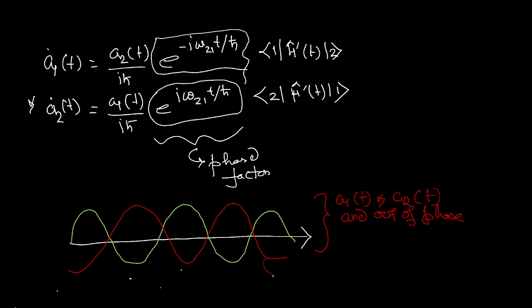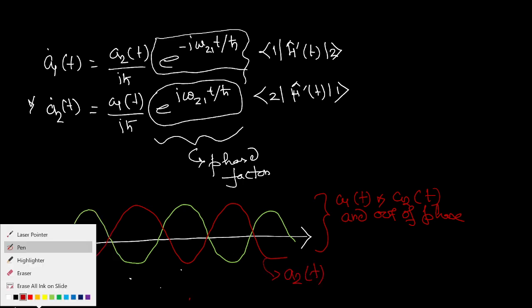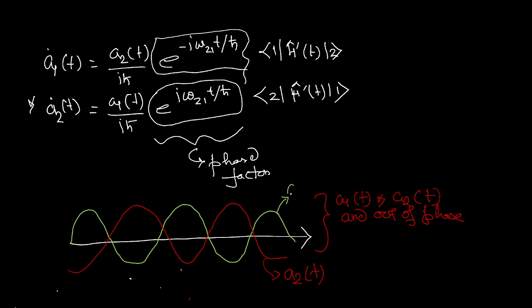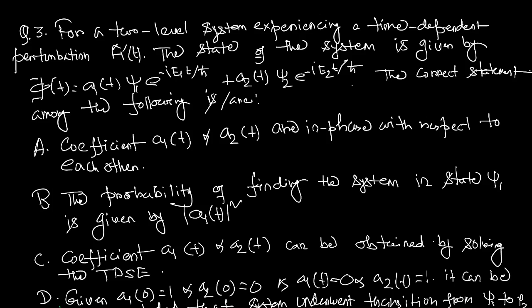So you can take this as A2(t) and this as A1(t). They are out of phase, so this statement is incorrect.